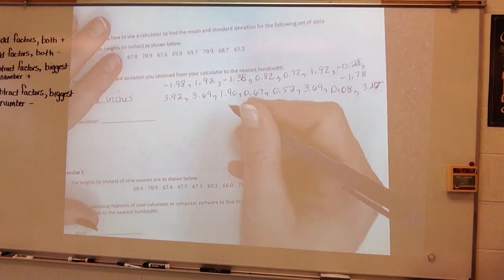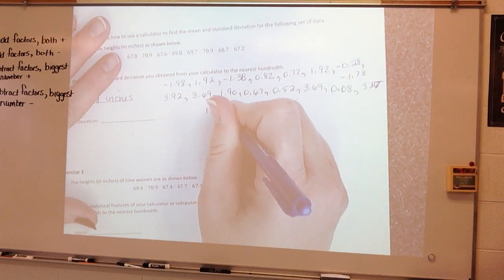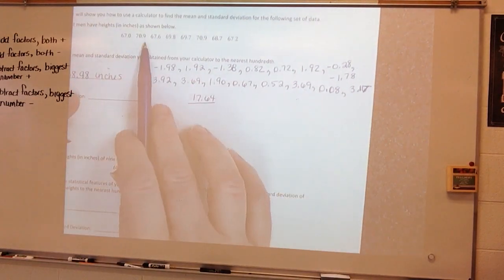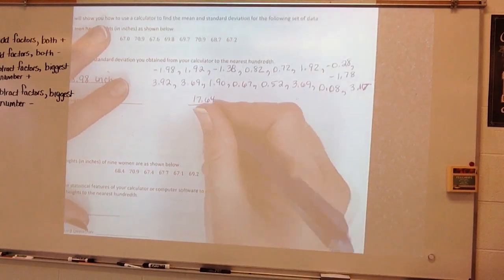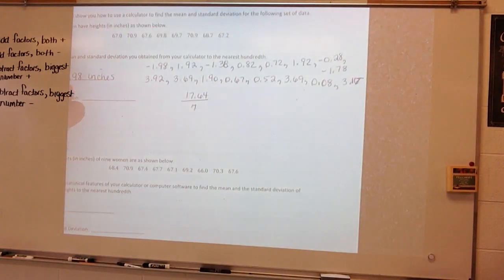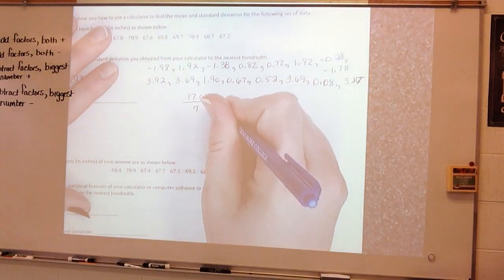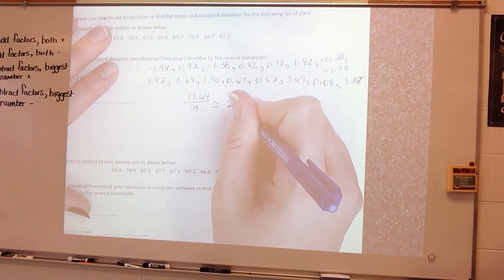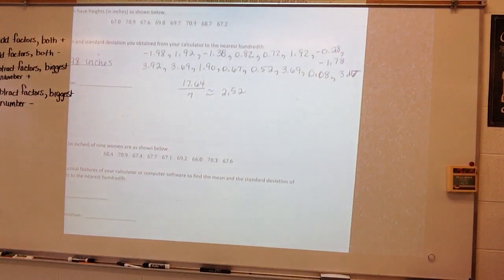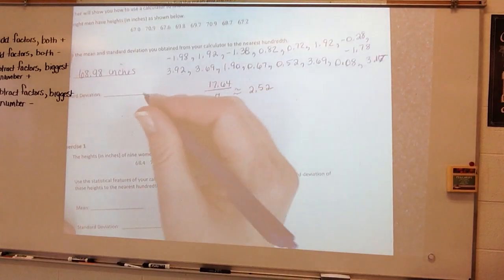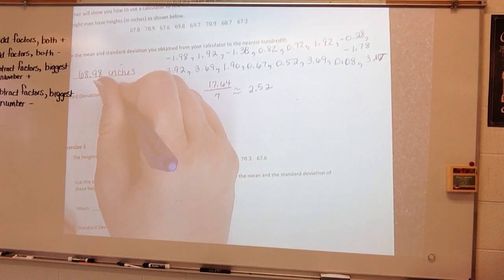So I get 17.64. And I'm going to divide that by 2, 4, 6, 8 minus 1, which is 7. So divide that by 7, and I get approximately 2.52. And then remember, I take the square root of that, which is approximately 1.59 inches.